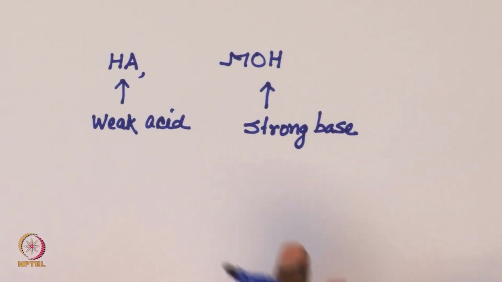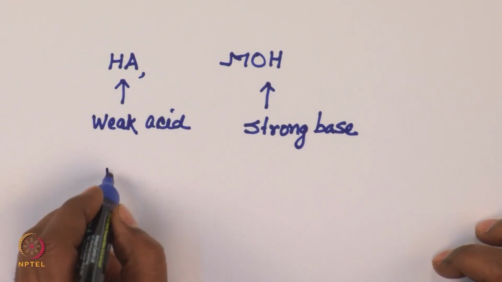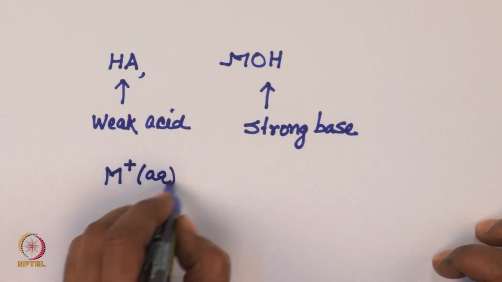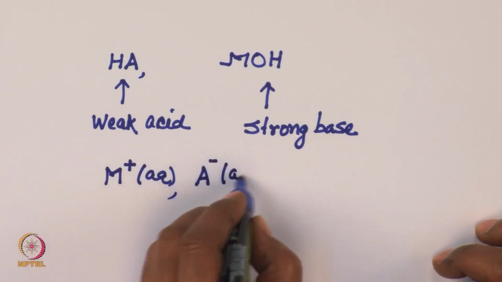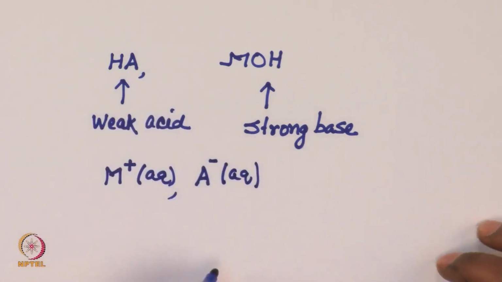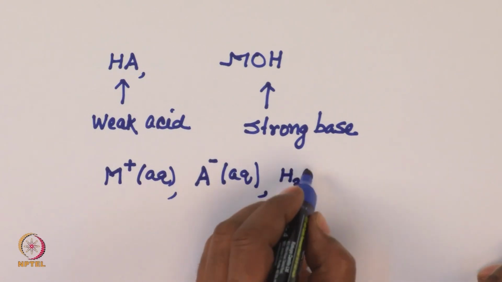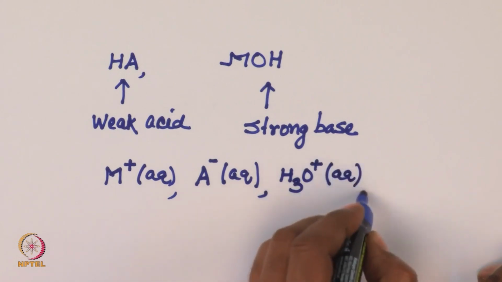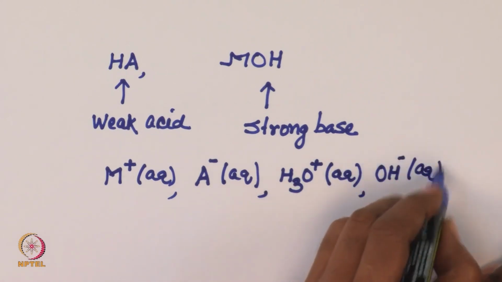So, what we will have after these are titrated, what are we going to have in the solution? We are going to have M plus aqueous, we are going to have A minus aqueous, which will come from the ionization of HA, and then we will have H3O plus aqueous, and we will also have OH minus aqueous.